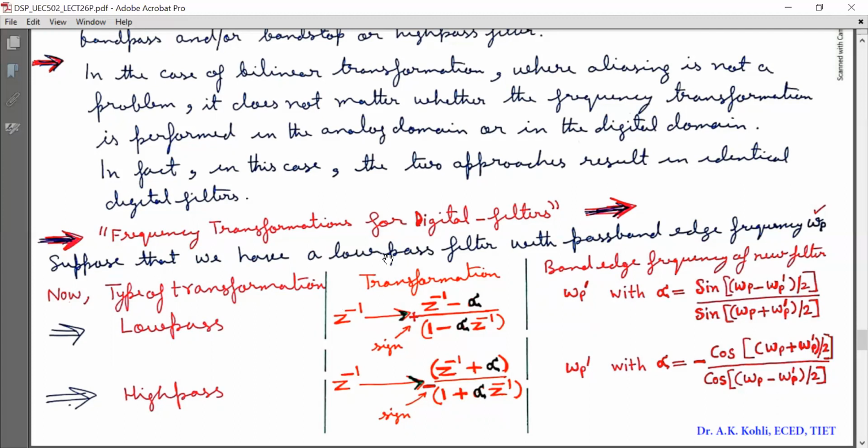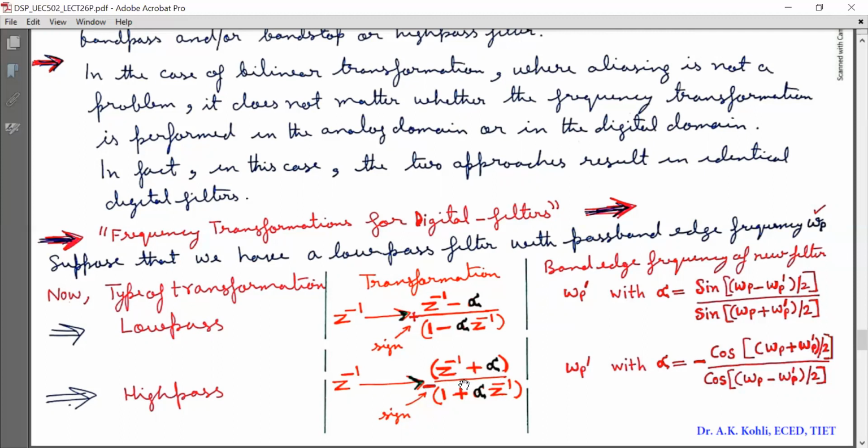Then the system function of the given low pass filter is H(z). In that, for design of a high pass filter, I will replace z inverse with minus (z inverse plus alpha) divided by (1 plus alpha z inverse). Here the new passband edge frequency omega p dash will be there, and alpha is equal to minus cos((omega p plus omega p dash) divided by 2) divided by cos((omega p minus omega p dash) divided by 2).